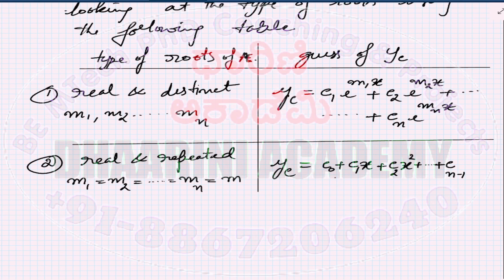Since you are starting from c0, it is n minus 1, into x to the power n minus 1, this whole term into, I'm supposed to write a value at this location, but since there is no space, I'm going to write it below. So this is the answer, into e to the power m into x.